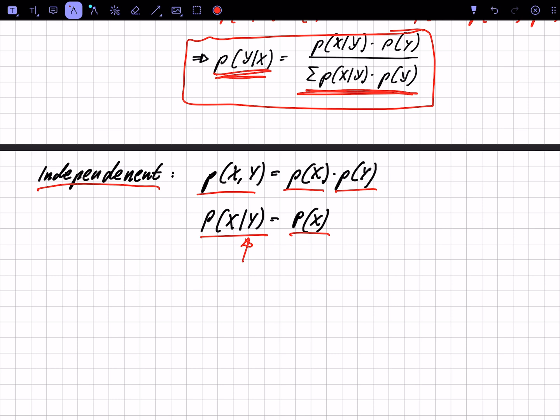So for example, if we have a 50-50 split of the boxes that we choose and the contents of the boxes are the same, it's irrelevant what box I choose, because in this case, the probability of the fruit given the box is the same as the probability just of the fruit, because the same things are in the boxes, and the probability of choosing the box is also 50%.